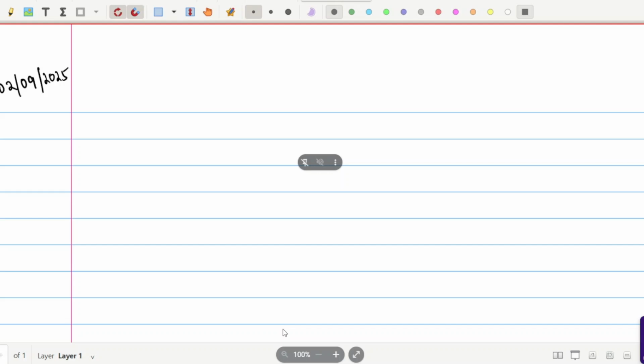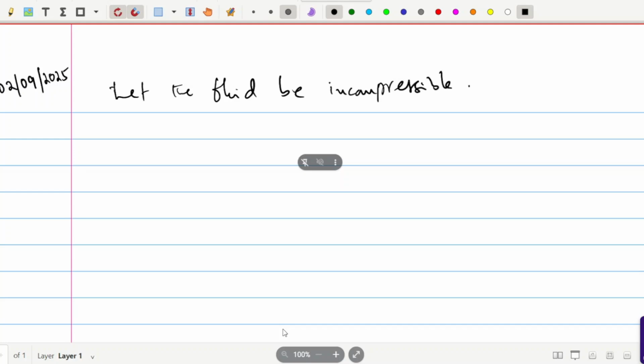Okay. So suppose we actually gave the definition of incompressible fluid. Let the fluid be incompressible. So what is that first definition that we gave?